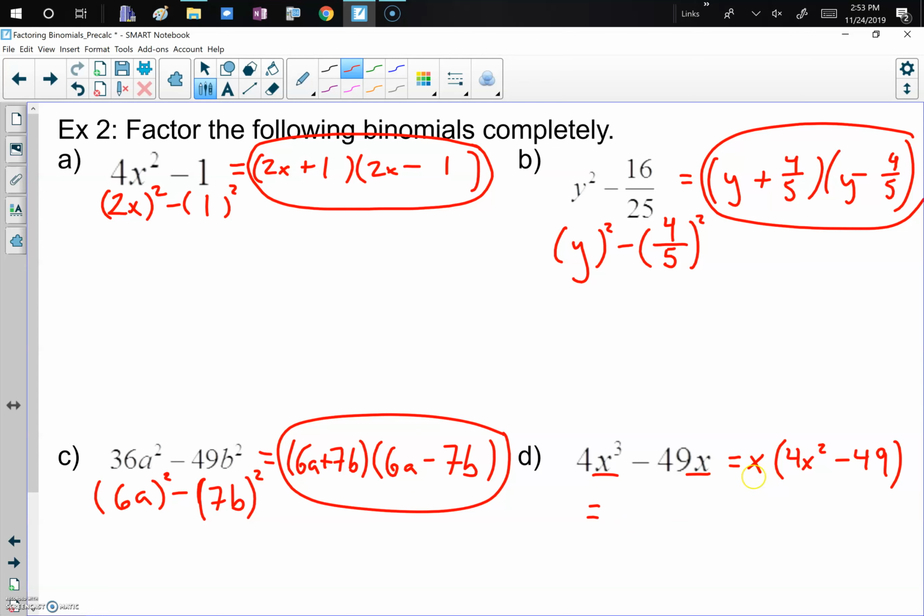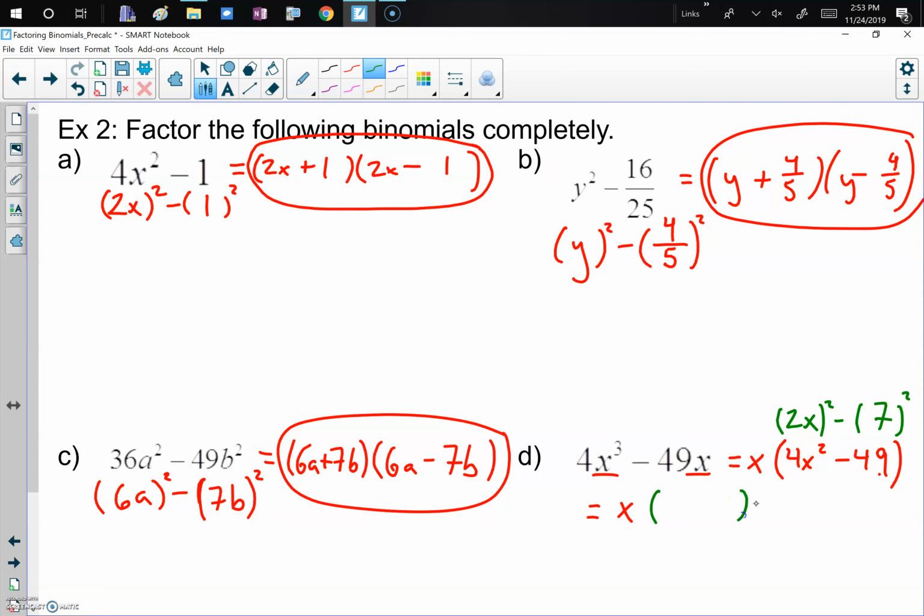And this is a good example of that. So I pulled out the greatest common factor of x, but then the 4x squared minus 49 can still be factored. Again, I'm looking at it as a perfect square and the difference of perfect squares specifically. So 4x squared could come from the quantity 2x being squared, and 49 can come from the quantity 7 being squared.